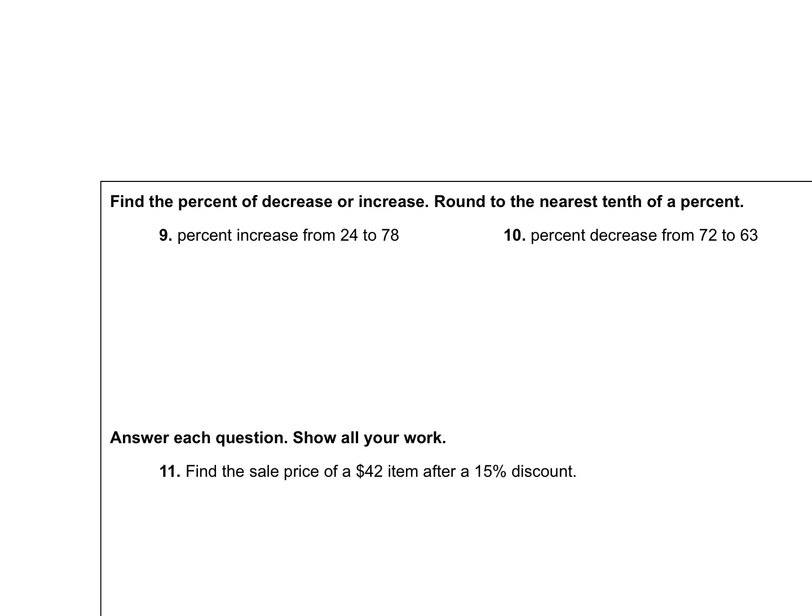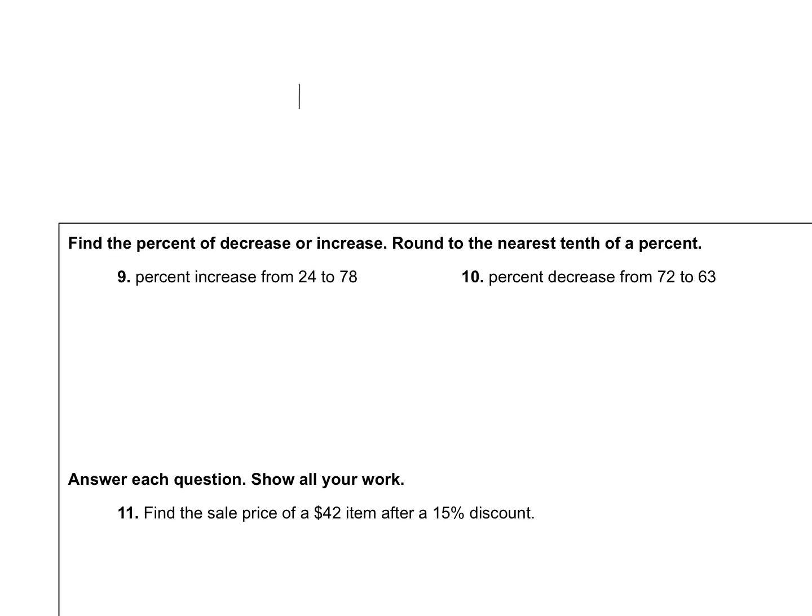All right, for 9 and 10, we're finding the percent increase or decrease. Okay, so for this, again, we want to be thinking big minus small divided by original, and then we multiply it by 100 to turn it into a percent at the end. Okay, so for this one, I have 78 minus 24.